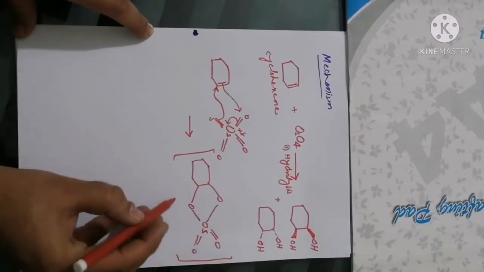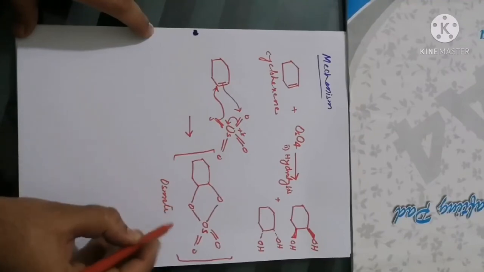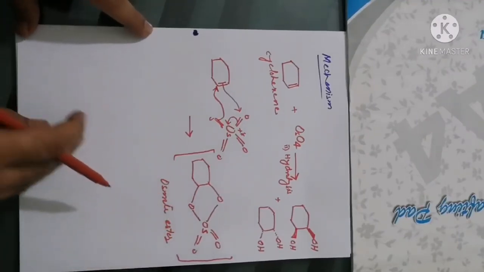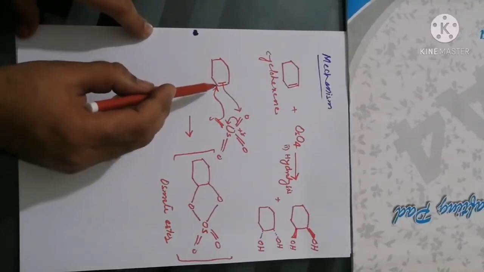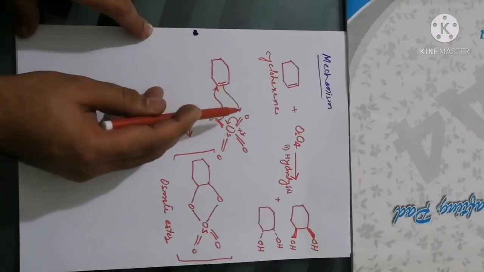So we get an osmate ester in the first step. I repeat here that the olefinic double bond acts as a nucleophile. It has pi electron density that can be donated.